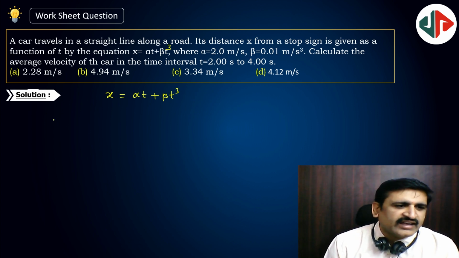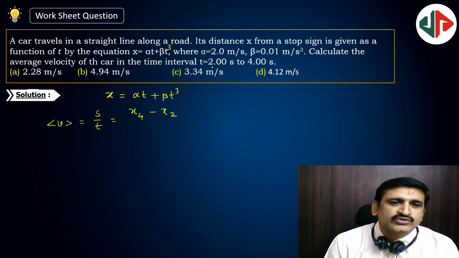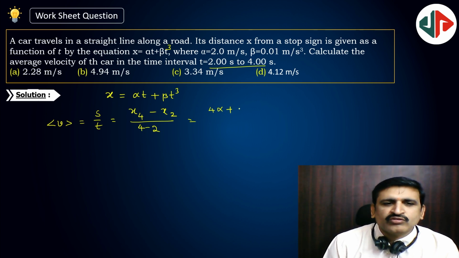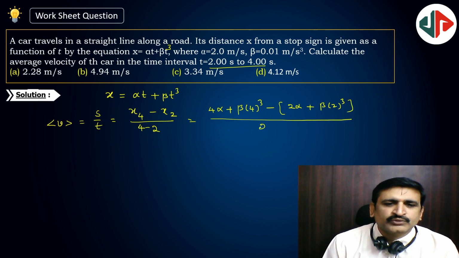Okay, fine. The average velocity means total displacement by total time. Total displacement means x for 4 seconds minus x for 2 seconds, because 2 to 4 he wants, by 4 minus 2. So put 4 in that. So 4 alpha plus 4 cube beta, minus, and 2 you have to substitute. 2 alpha plus beta into 2 cube, by 2.